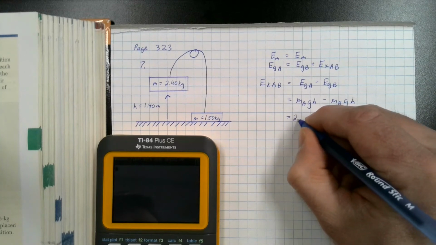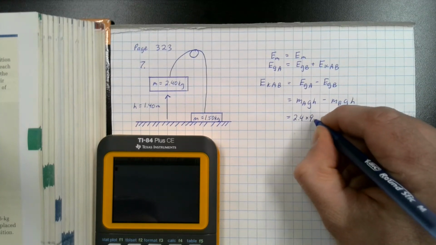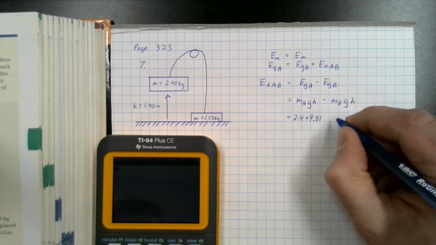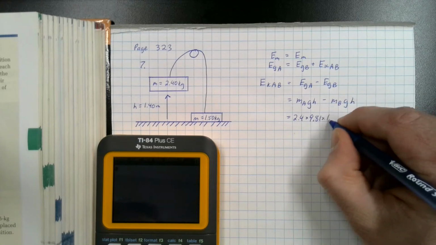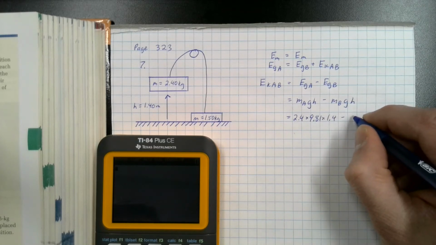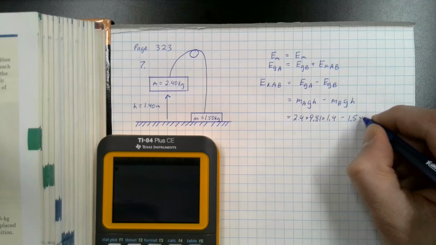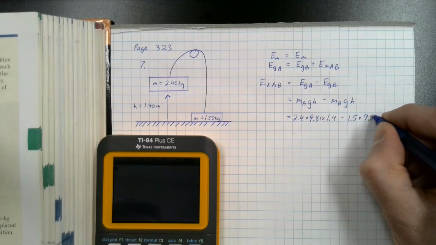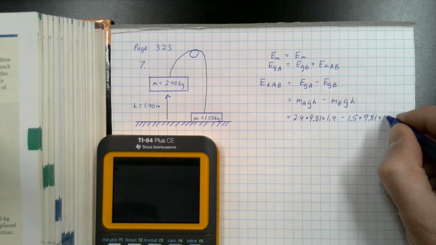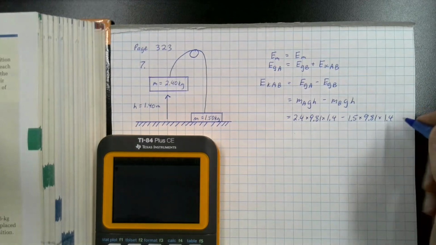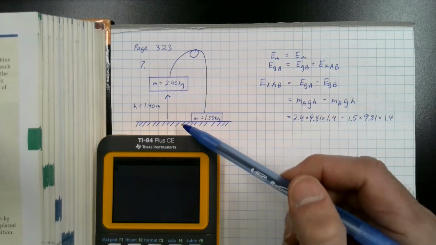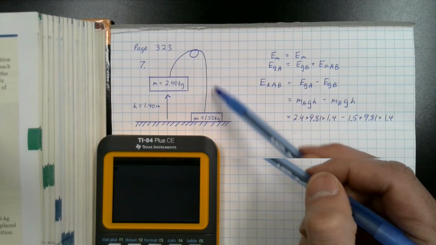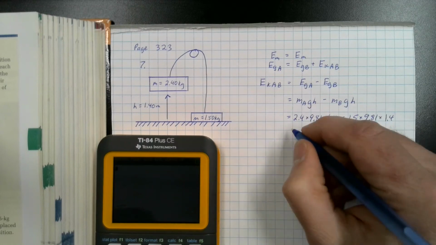So we get 2.4 kilograms times 9.81 meters per second squared times the height, 1.4 meters, minus our mass, 1.5 kilograms times gravity, 9.81 meters per second squared, times the height, 1.4 meters. Obviously when this goes down 1.4 meters, due to the rope, this one has to go up 1.4 meters.